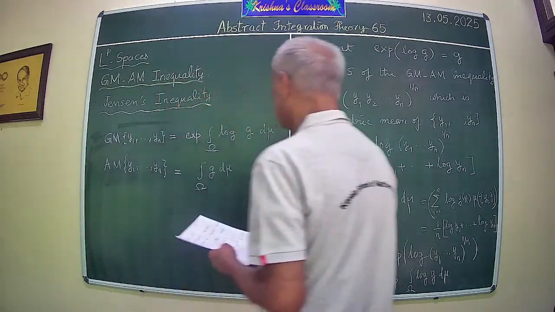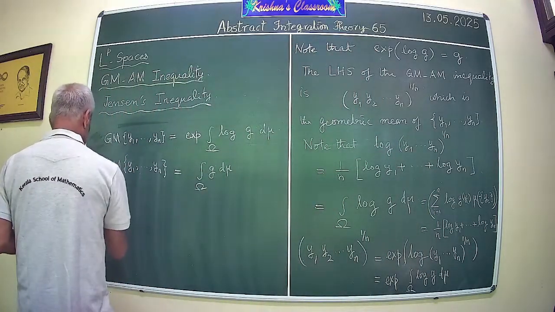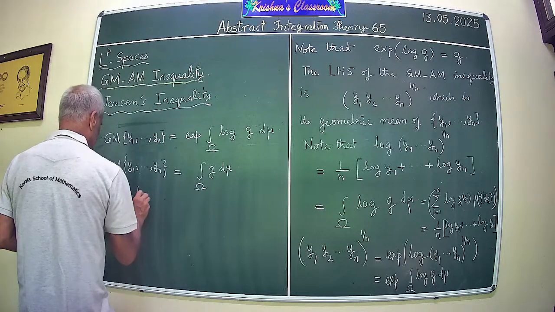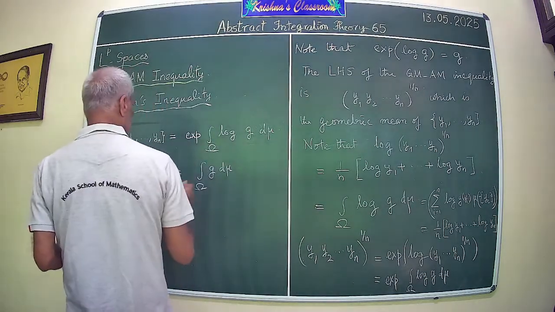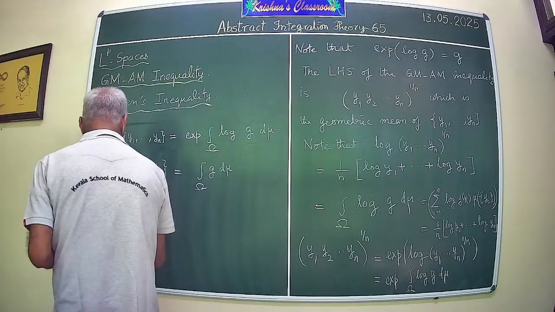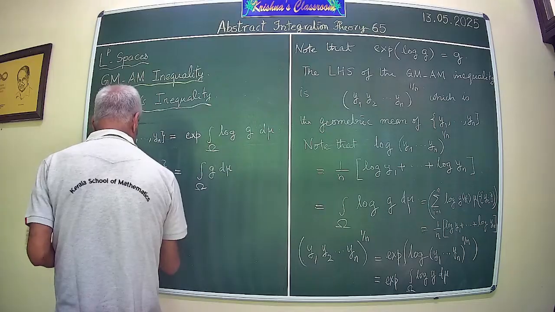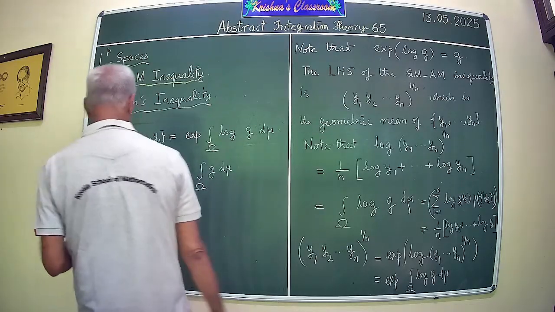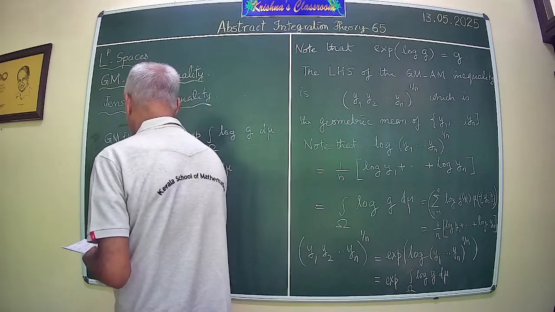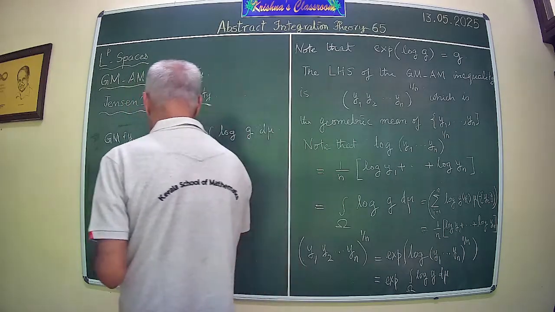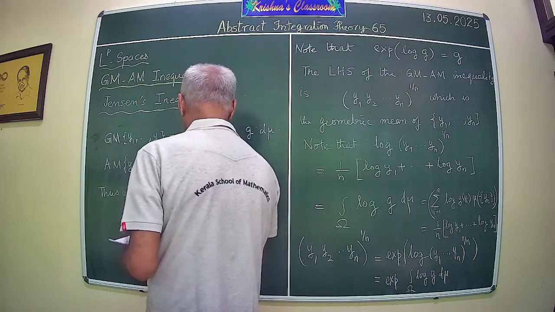G d mu. Therefore, this is equal to, thus we have exponential of integral over omega log G d mu is less than or equal to integral over omega.